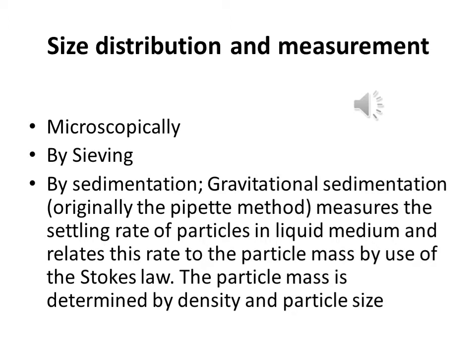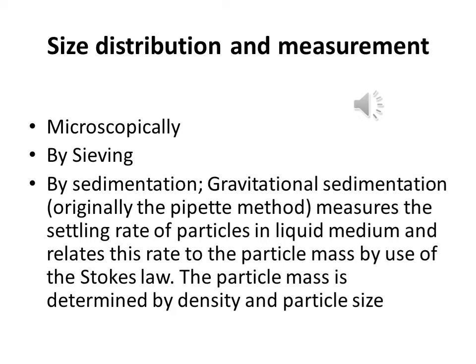Obviously, when we talk about particle size, we should know how the size distribution is carried out and measured. One method is microscopic: we can measure the particle size under the microscope.